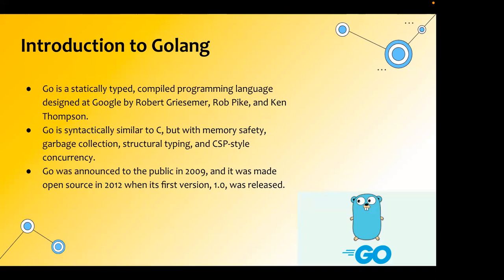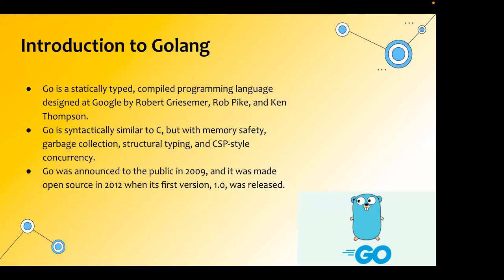Okay, and coming to that, it is designed by Google. So why did they need this new language? Actually, in the Google code base they were struggling with legacy languages.